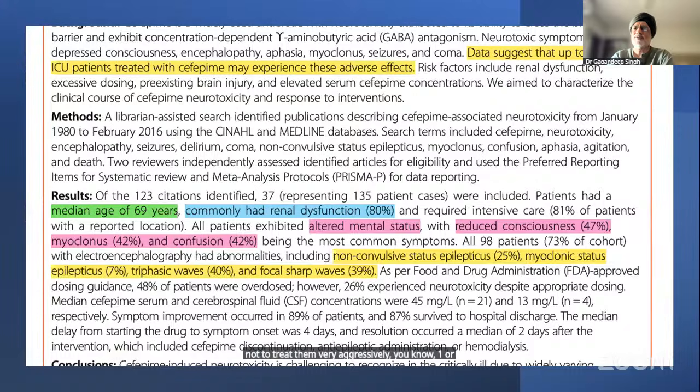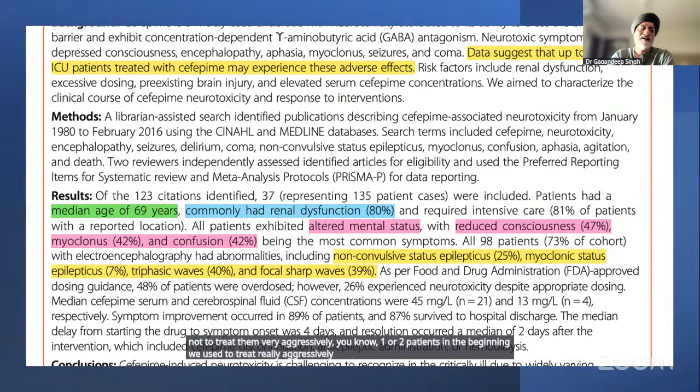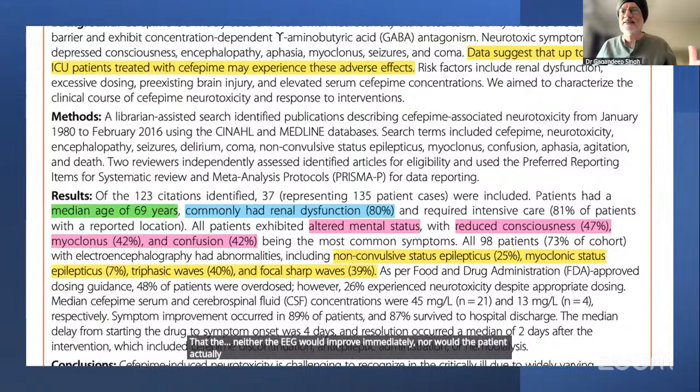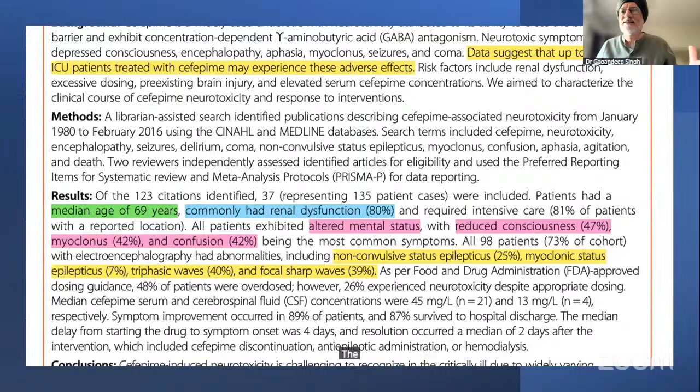In the beginning, 1 or 2 patients we used to treat really aggressively, right? We just give them 2 milligrams of benzos, but we don't expect the EEG to improve immediately, nor would the patient actually sit up. The response comes over a few hours to days, right? The effect of ending the drug.